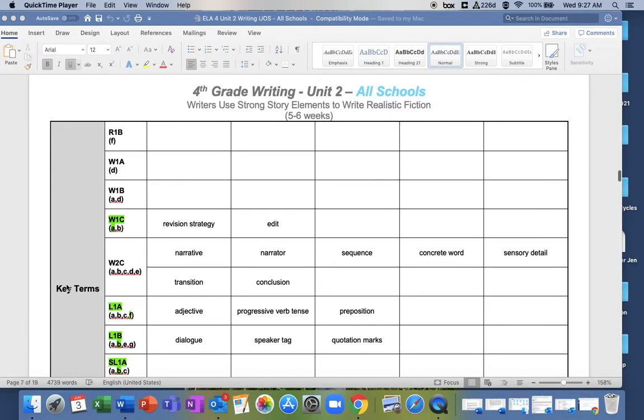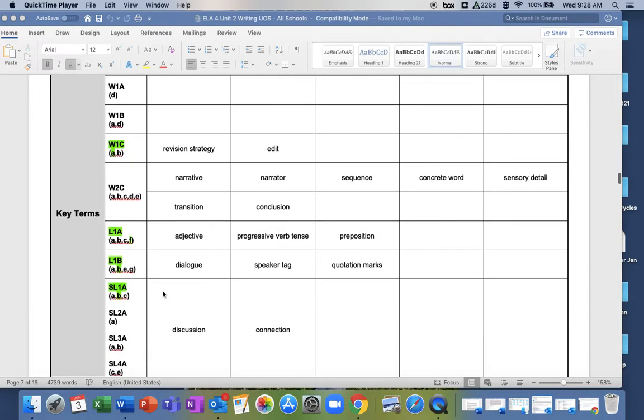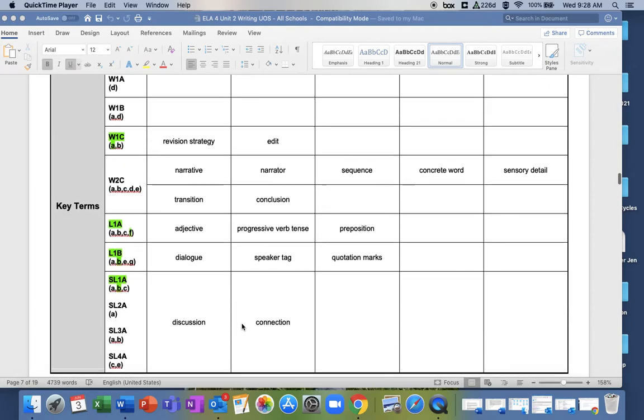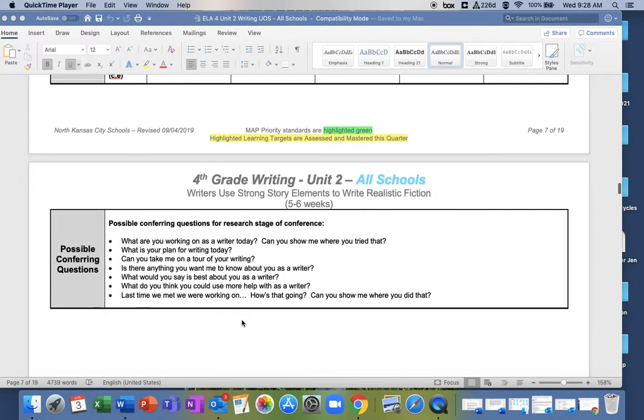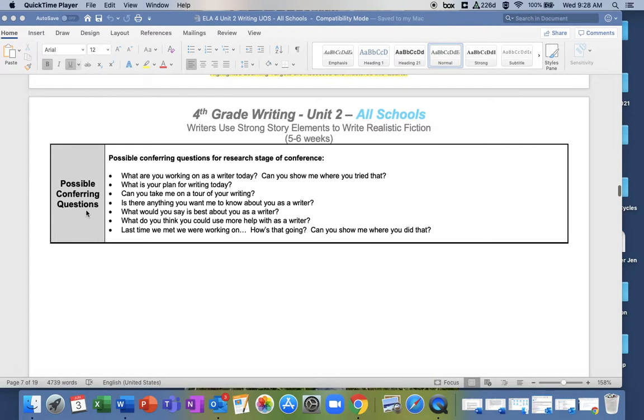And as I scroll here, we get to the key terms. These are all vocabulary terms that students need to have in their tool belt to understand these words as we move through the unit. And right here, I like this section because it's a possible conferring question.